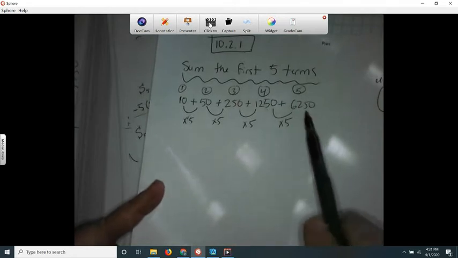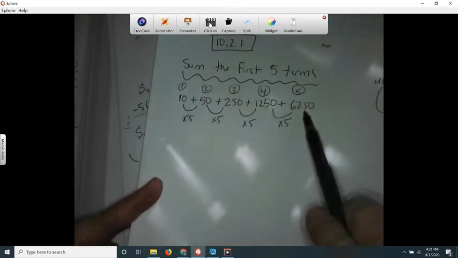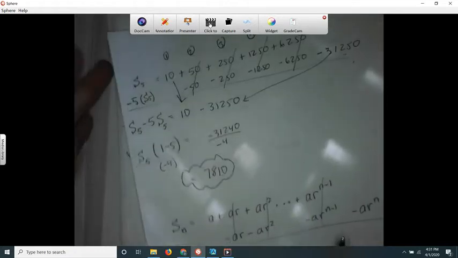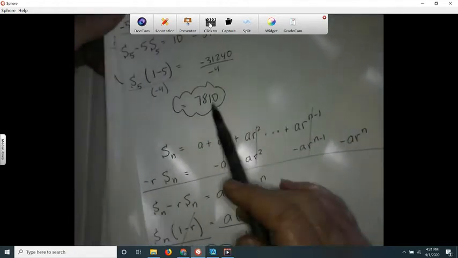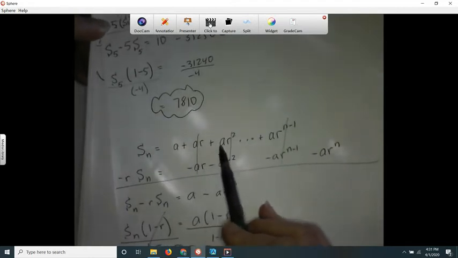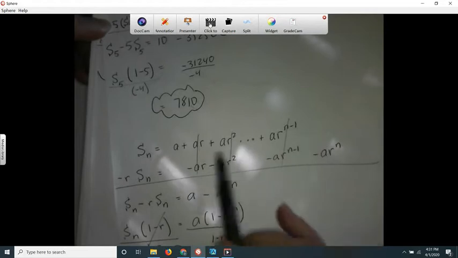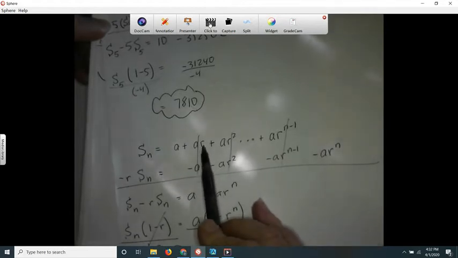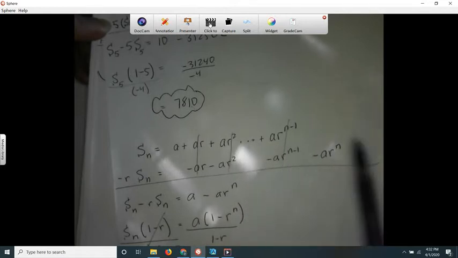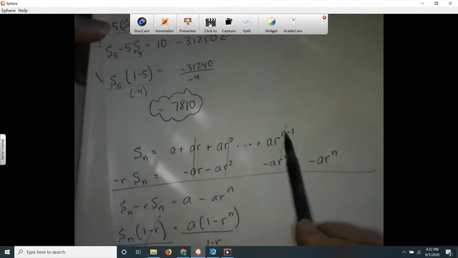And this is the first term times 5 to the 4th. Think about that. I'm going to use that right here. Every term goes up by whatever R is. So it'll be R, and if you times it by R again, it's R squared, R cubed, and so on. And the last term is R to the n minus 1.